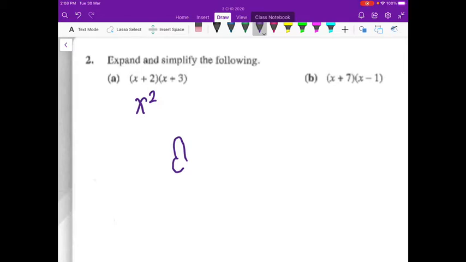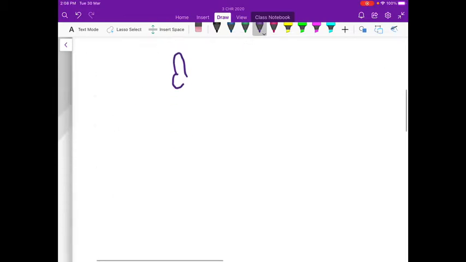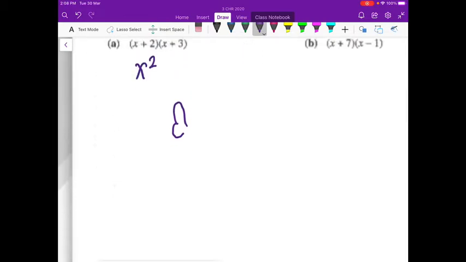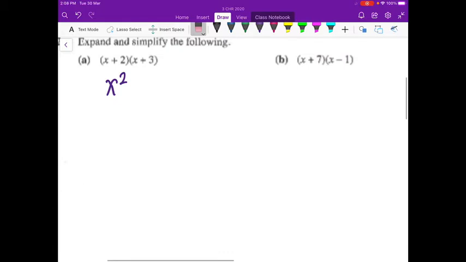Oi! Wait, I accidentally draw something, I don't know why. I was about to draw, then suddenly my hand. Erase. Erase. Okay. No, you draw one side.